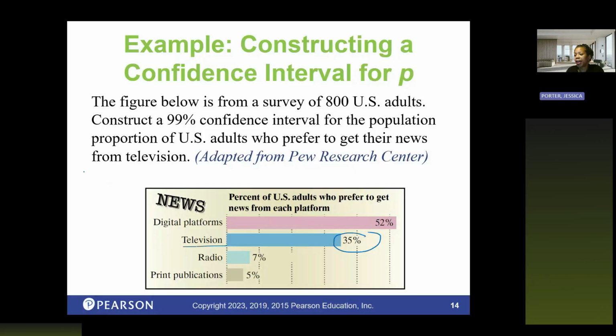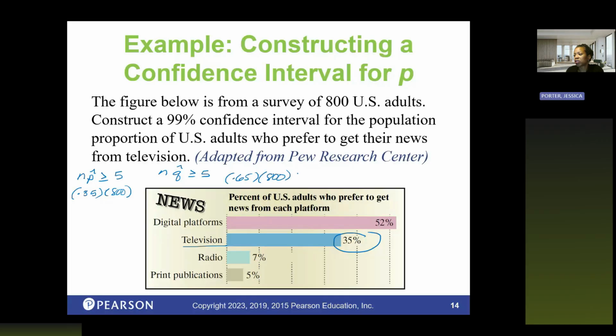Let's check our conditions: n times p hat has to be greater than or equal to 5, and n times q hat has to be greater than or equal to 5 as well. So we're going to multiply 0.35 times n, which is 800, and we're going to multiply 0.65 times n, which is 800.